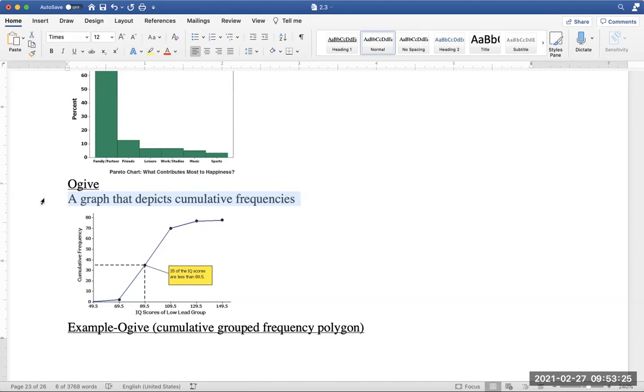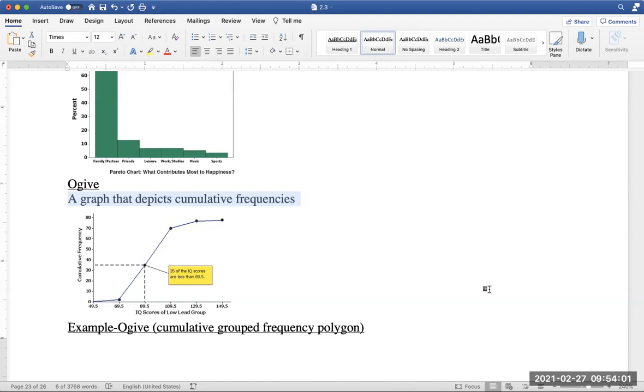And ogive is actually an architectural term. If you look at Arabic arches, an ogive is an Arabic arch. In Arabic architecture, everywhere you look, they have these arches that look like, I can't draw it like this. It looks like an Arabic arch.